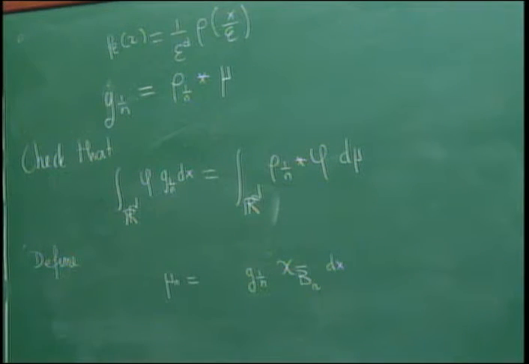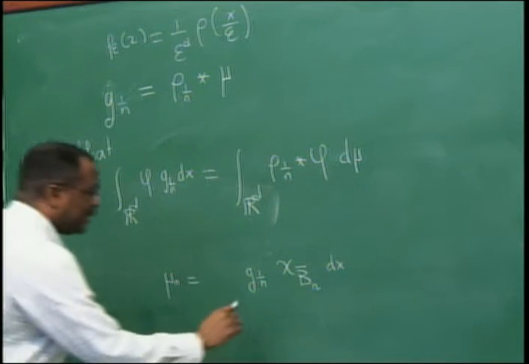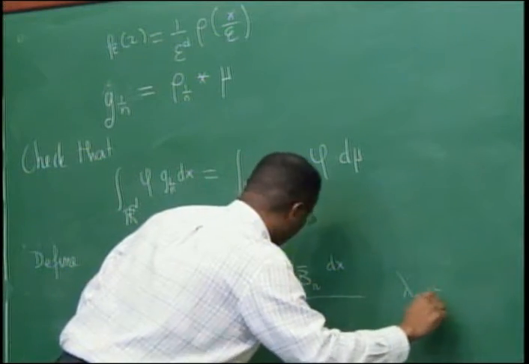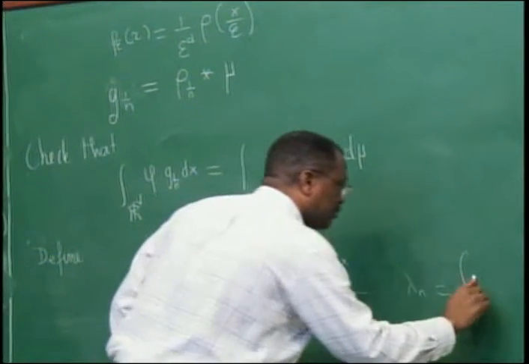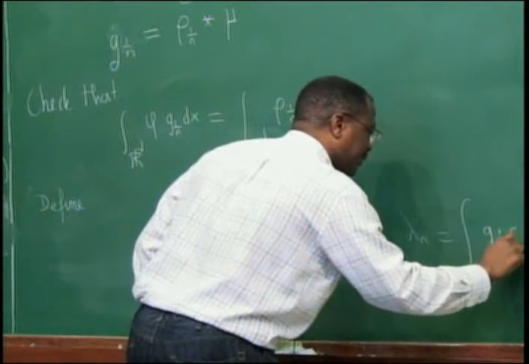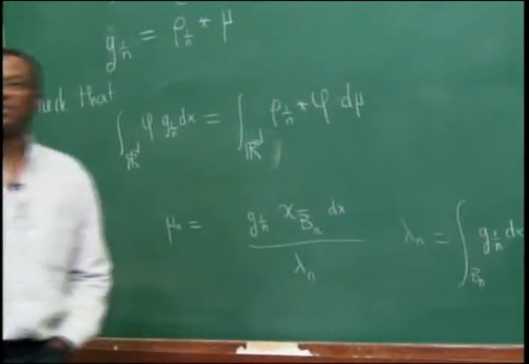Okay. So now I have a measure which is absolutely continuous with respect to Lebesgue measure, which is of compact support. But I lose the property that I have a probability measure. So I'll have to divide by lambda_n, where lambda_n is the integral over the ball of g_{1/n} dx. And this does the job.